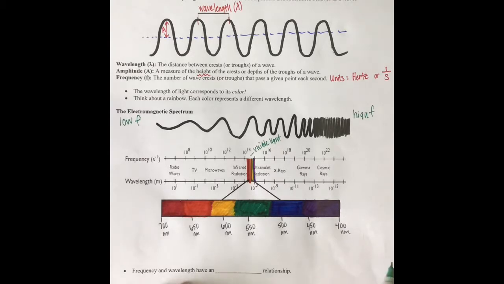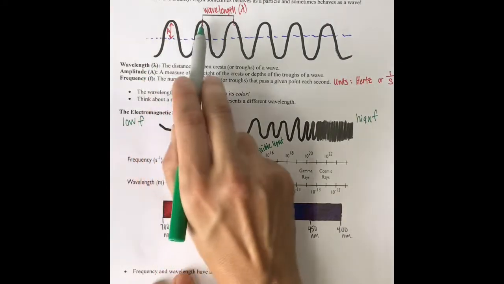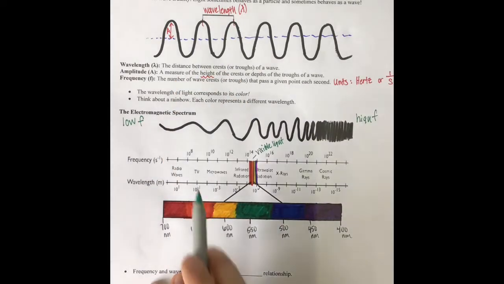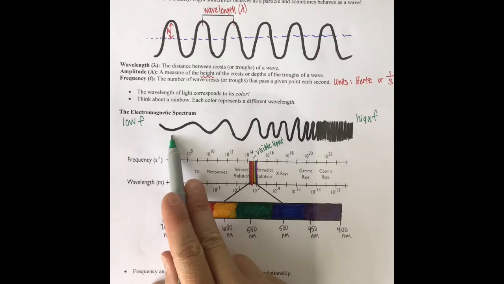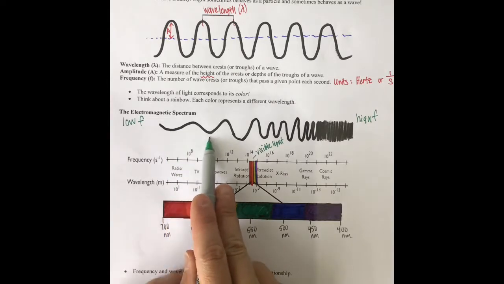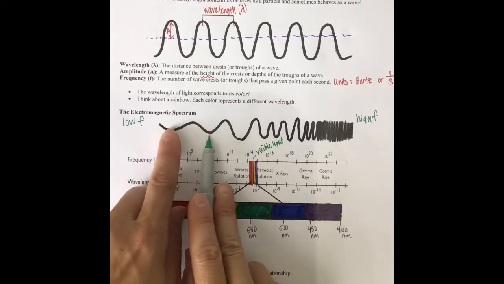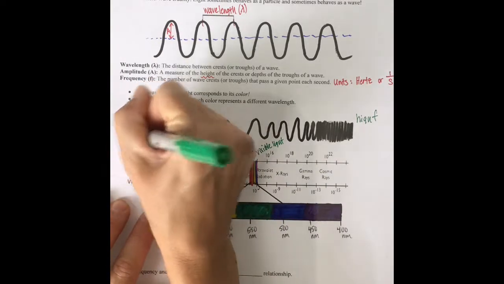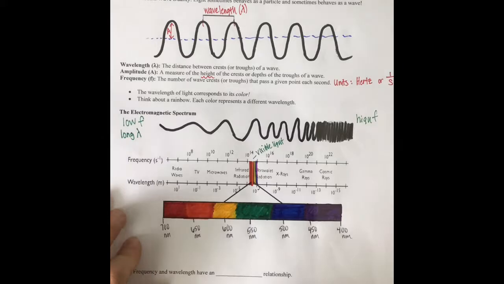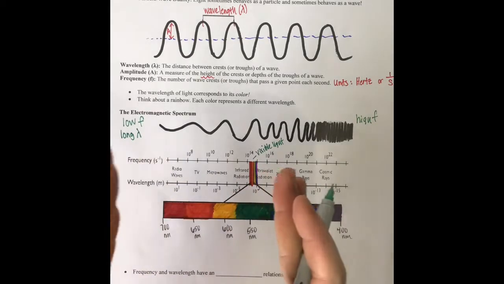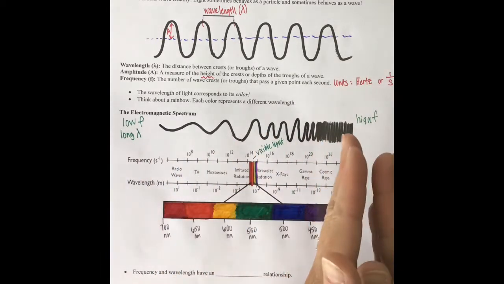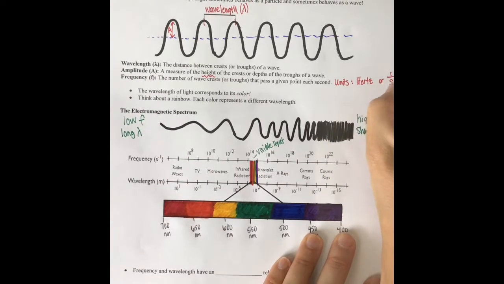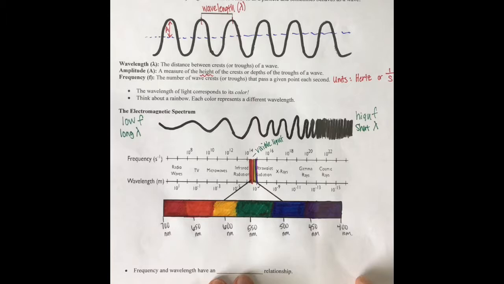What does that do to the wavelength, the distance between the crests? Well, over here, if we were to measure the distance between these two crests, look how spread apart they are. Here, we have a long wavelength, or a high wavelength. And as we move over to the cosmic rays, they're going so fast that they have a very short wavelength.